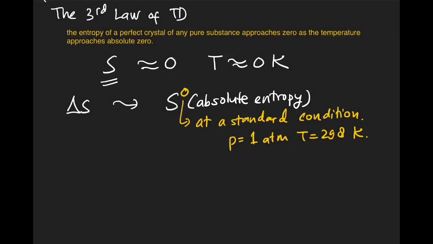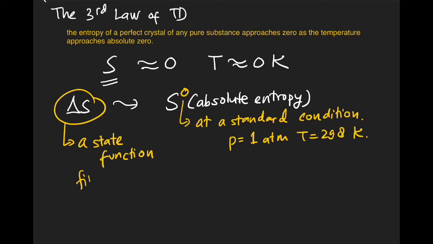And just like enthalpy, the delta S, or change of entropy, is also a state function. So it is not dependent on the path taken, but instead it is dependent on the final value minus the initial value, no matter which path was taken to go from the initial state to the final state.